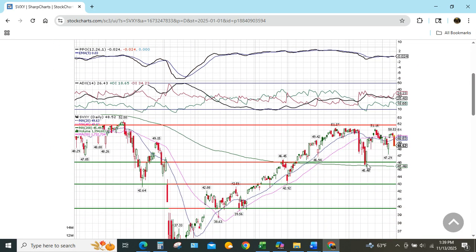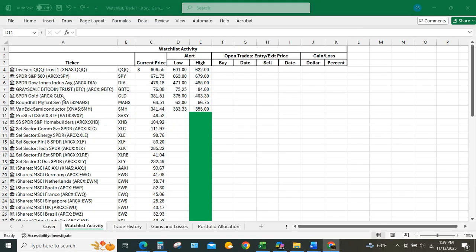So I'm looking at a support level possibly around 46. So maybe I'll just set an alert for like 46.25. If it hits that level, I'm going to revisit and look at the market situation to determine if maybe I want to throw a couple bucks in there.